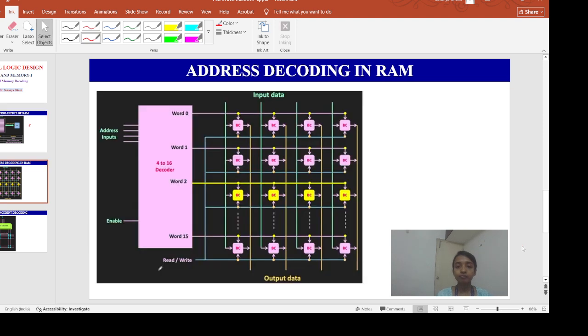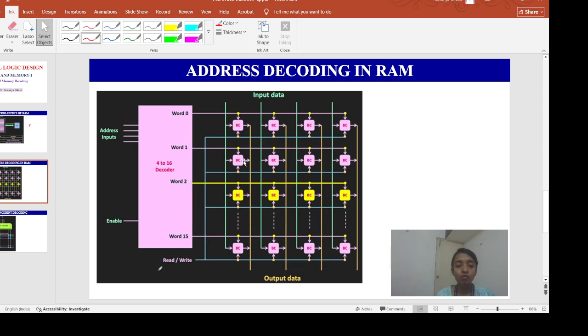Now, if we take the example of a 16 by 4 size RAM, it means that it consists of a total of 16 words and the word length of each word is 4 bits. You can see over here the group of 4 binary cells. BC is binary cell.